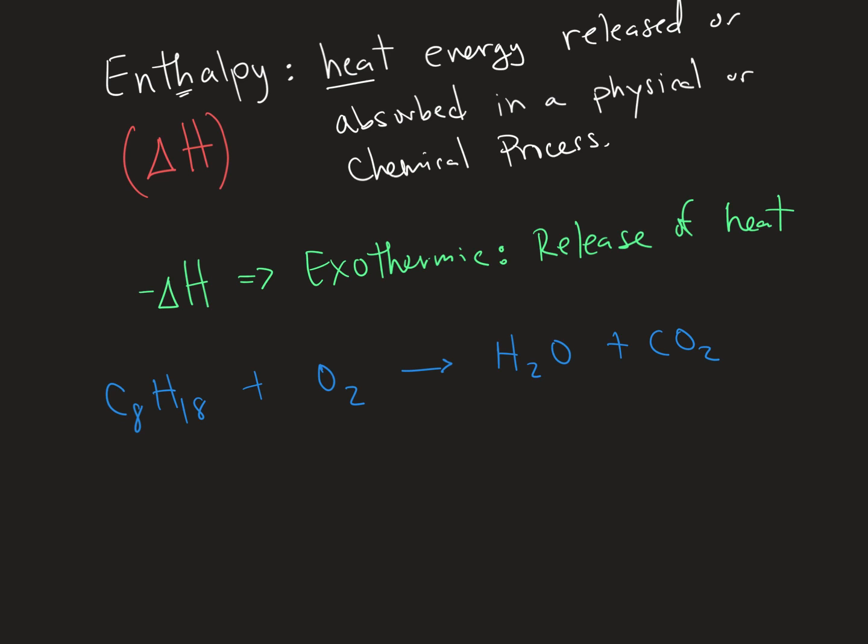So we're going to say plus heat over here. That also tells us it's exothermic. If we have a negative delta H, or a negative enthalpy, we have exothermic. Or if the amount of heat energy is on the product side, we have exothermic. Good? Questions on that?